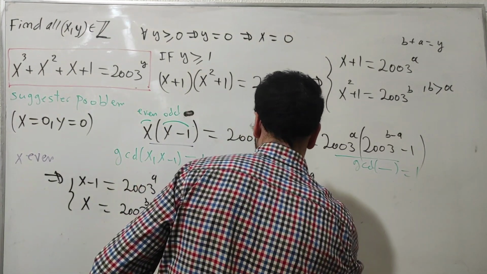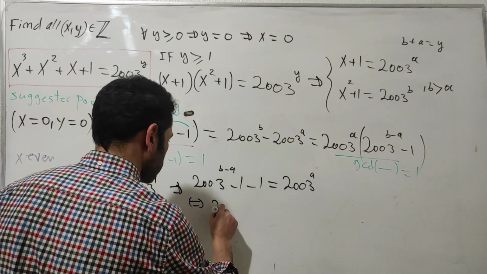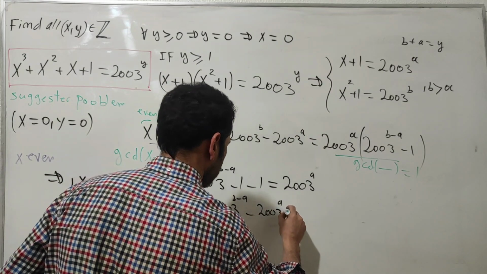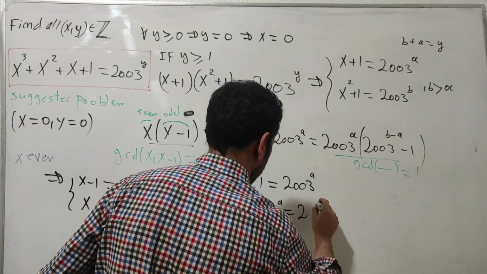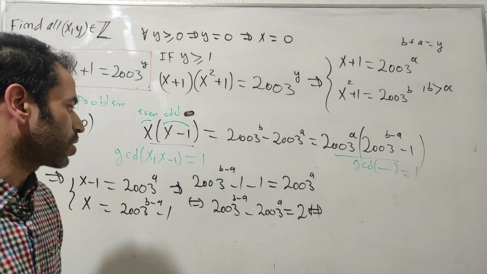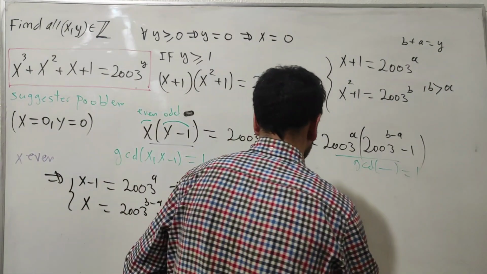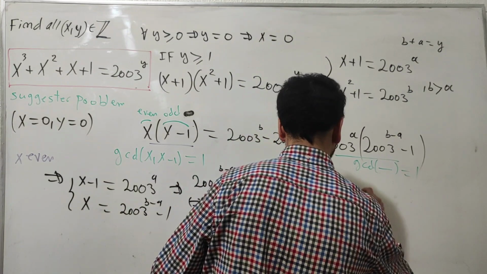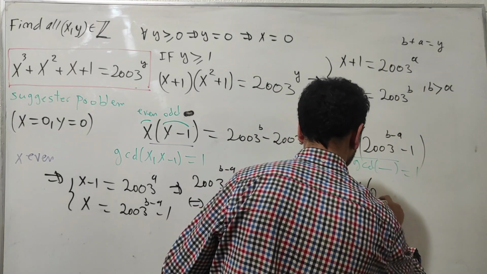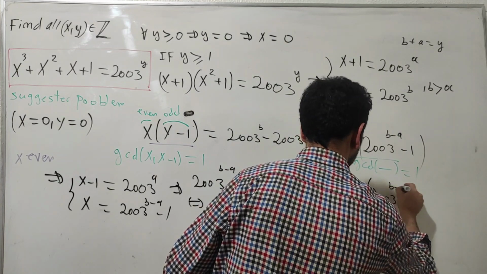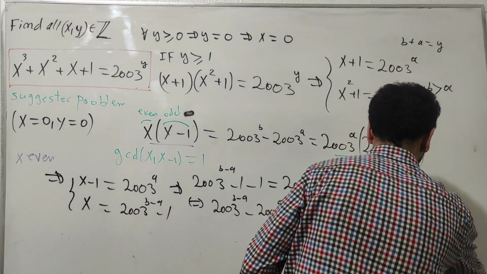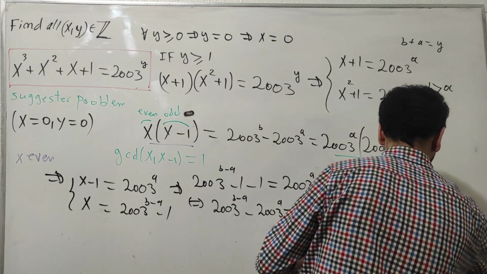So I get 2003 to the b minus a minus 2003 to the a, which equals 2. Then I take 2003 to the a as a common factor because this term is bigger than this term. So I will have 2003 to the a factor 2003 to the b minus 2a minus 1, which equals 2.